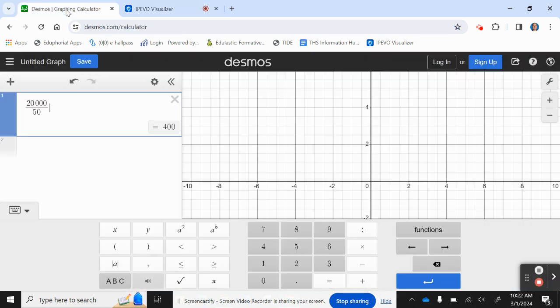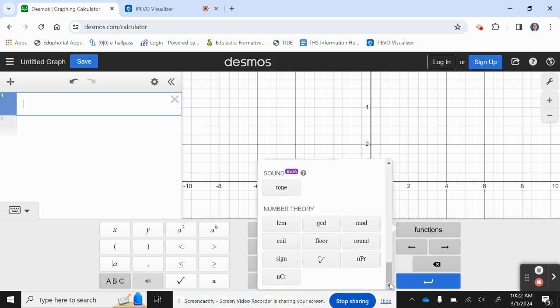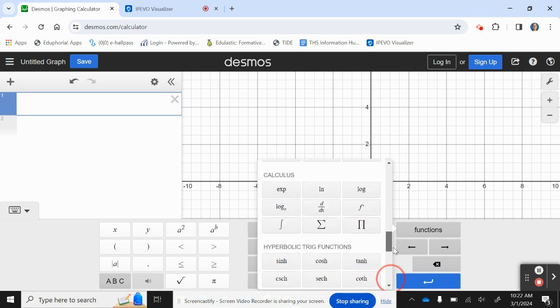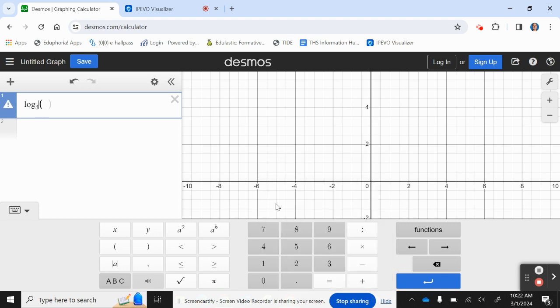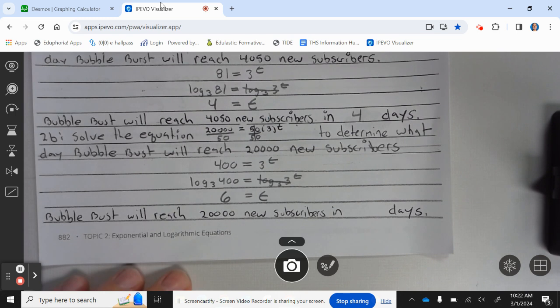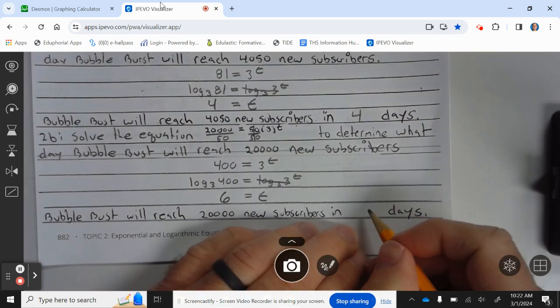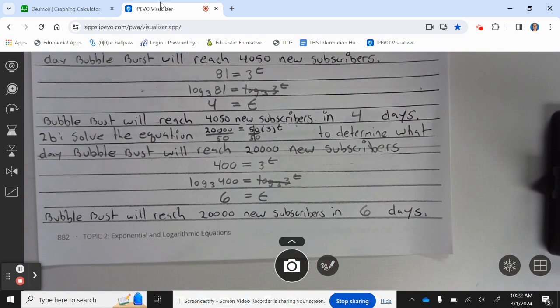Let's go ahead and get that calculation. 5.45 rounds close enough to 6, so let's call t equals 6. So Bubble Burst will reach 20,000 new subscribers in 6 days. Let's take a look at the next page.